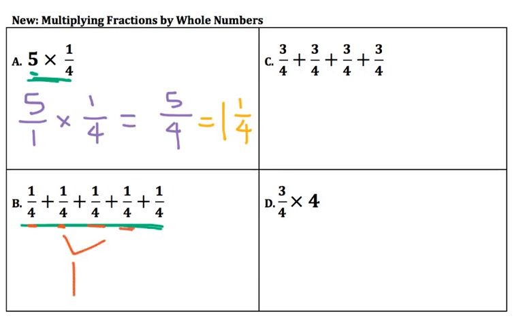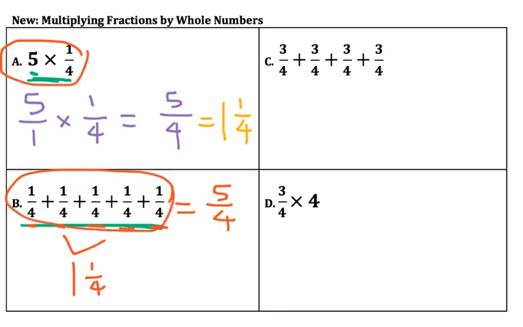That would be a whole, and then one extra fourth would be 1 whole and 1/4. Obviously, this is the same as 5/4, and you can see that these two problems are related because they're equivalent. So I wanted to give you both ways to think about it, because this is a process, but this is a concept, and I really want you to understand the concept.